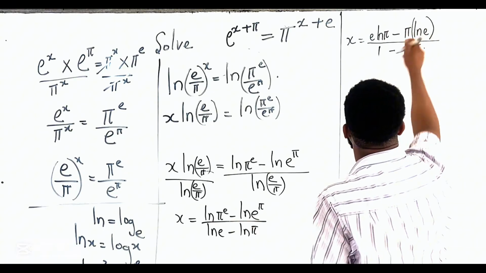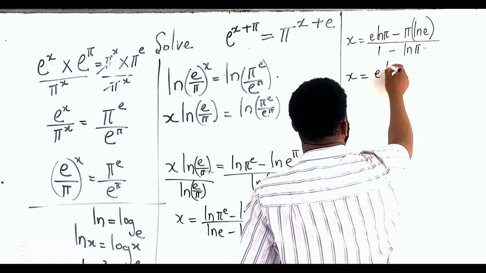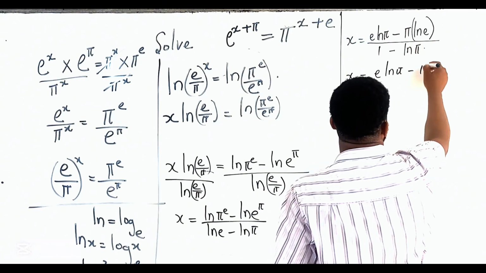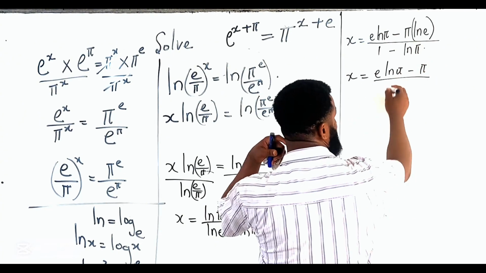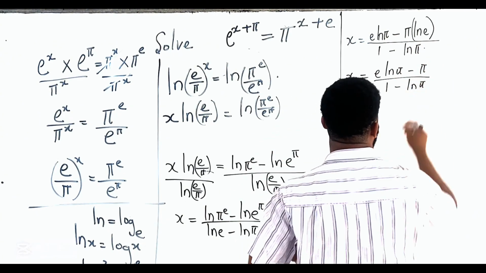So I'll go up here and say x is equal to e ln pi minus pi, all over 1 minus ln pi.